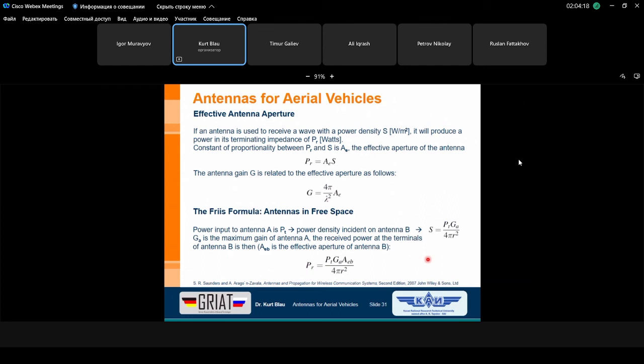We know that the power density depends on the surface of a sphere. If our wavefront moves outward spherically, then at each moment we can take a snapshot and we will see our wavefront looks like a sphere as seen from the observation point. And if we go farther and farther away from the origin of our antenna, then the surface of the sphere will be larger, larger, and larger.